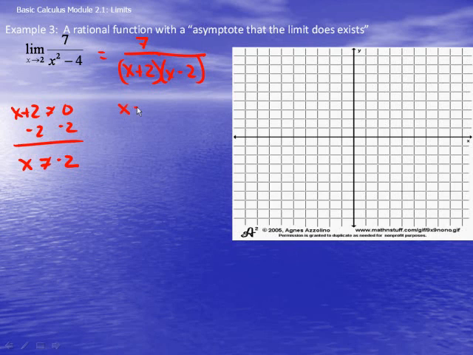And the other one is x minus 2 cannot be equal to 0. So I'm going to add 2 to both sides, so x can't be equal to 2. So I have two vertical asymptotes, one at negative 2 and the other one at positive 2. And our function should look something like this.